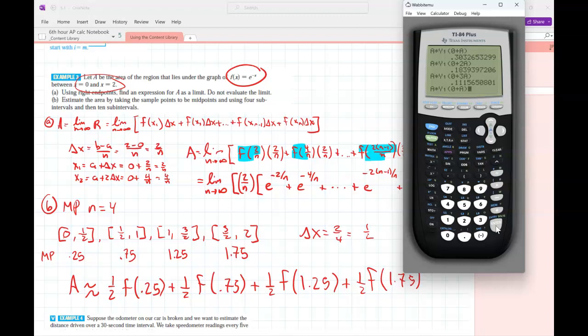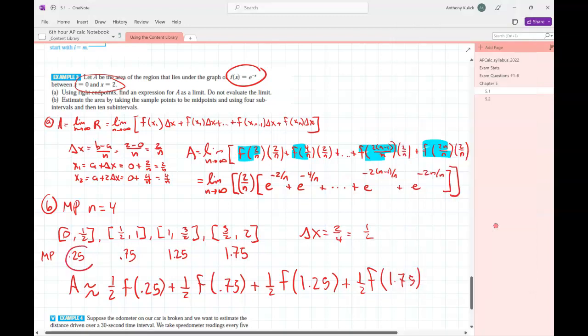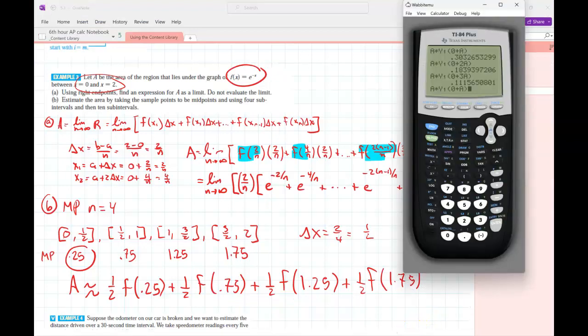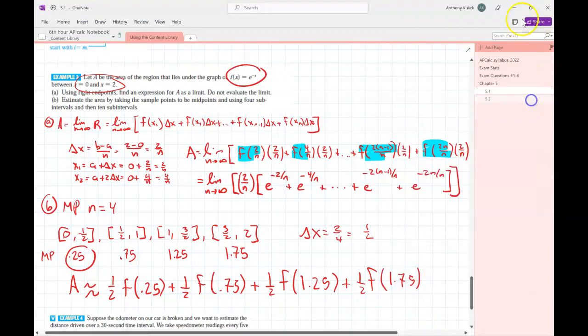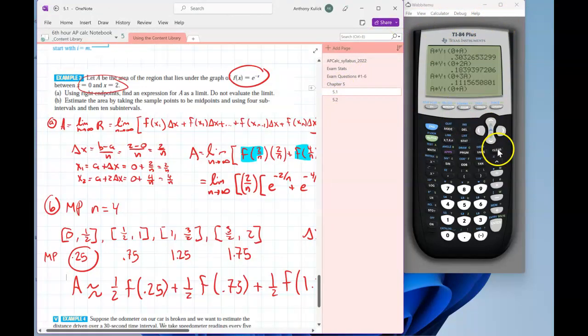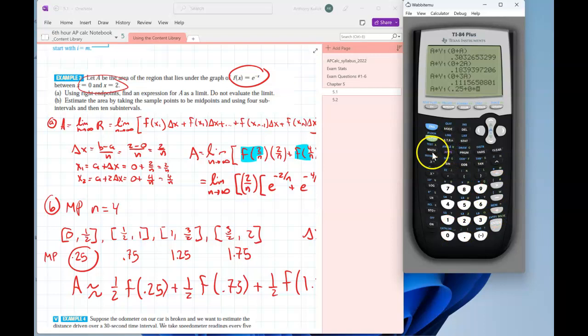I'm using midpoints, right? So 0 plus a is not going to be 0.25. I just boogered it a little bit on us. It's okay. So that's what I'll start with.